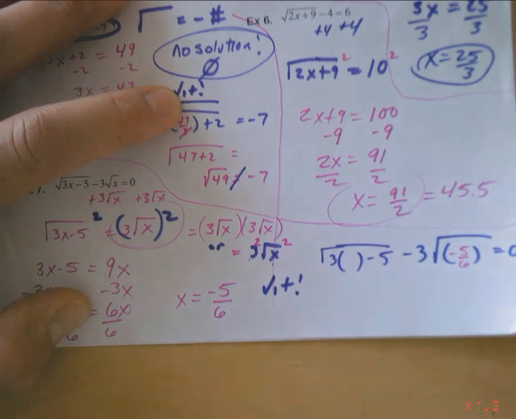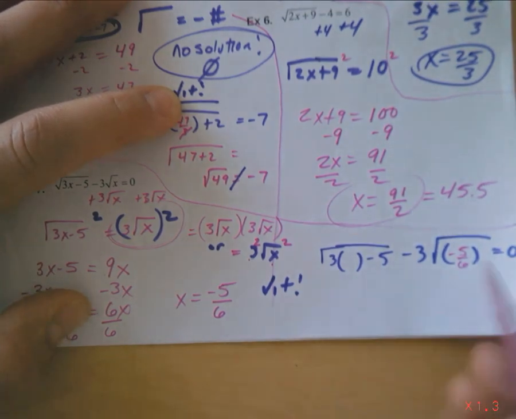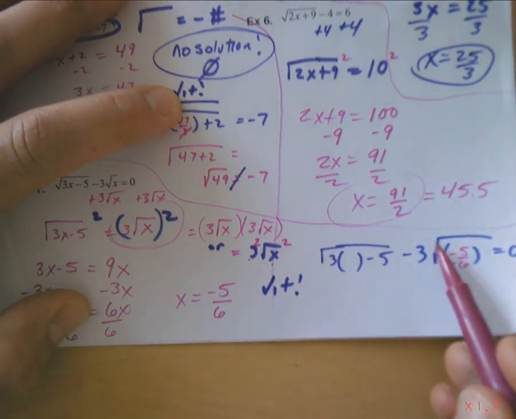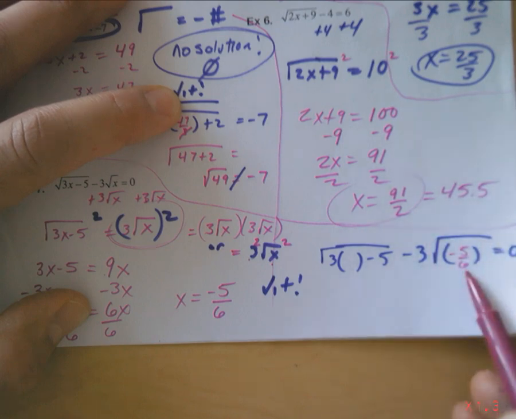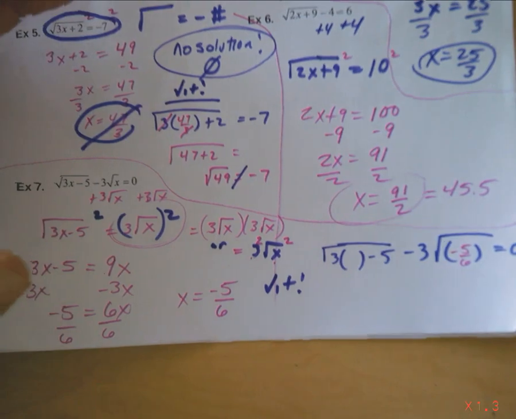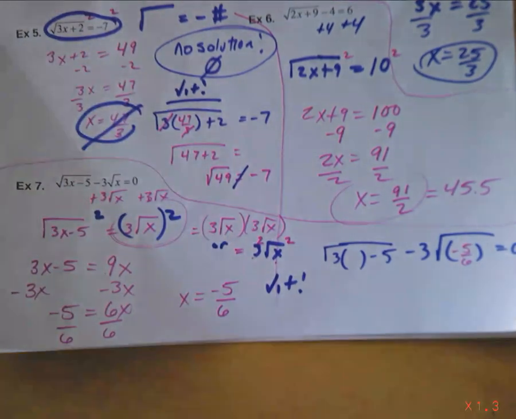this becomes a problem. If you take your calculator and you do a square root of a negative, you get an error message. So I'll show you what happens when you do that.